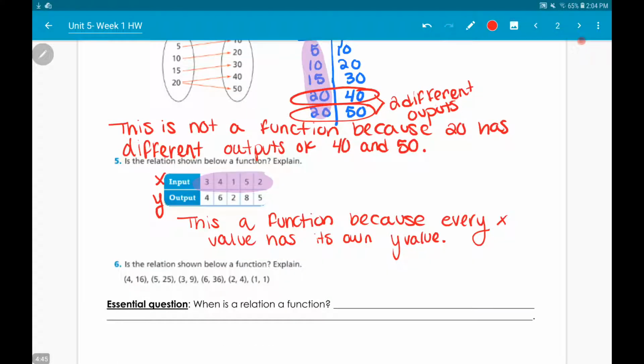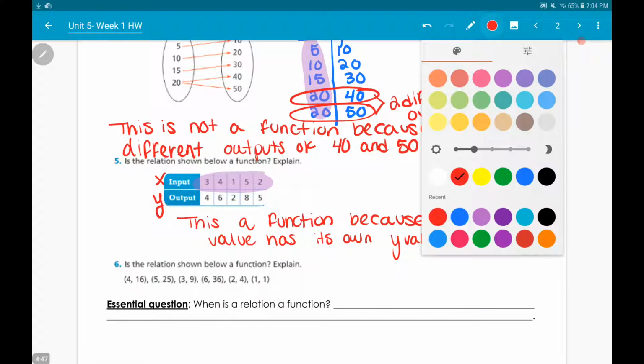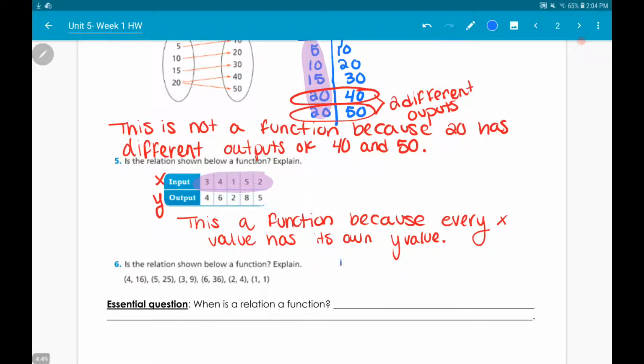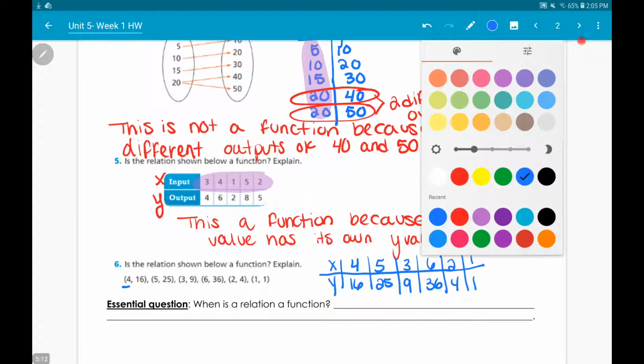All right, and last but not least, number 6. So if I wanted to make this into a table with my x and y, I could. Remember, the first value in the coordinate is x, and the second is the y. I like doing this because it allows me to focus on the x's a little bit more independently.